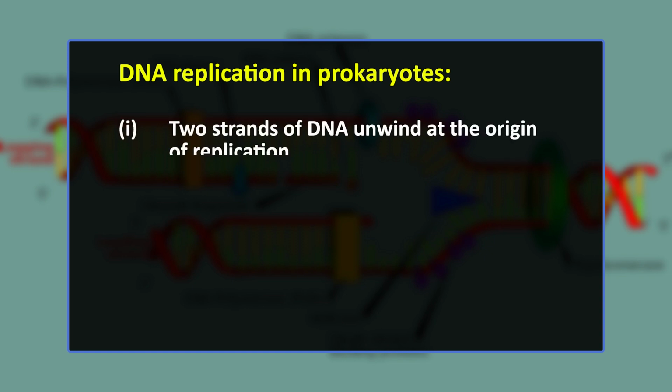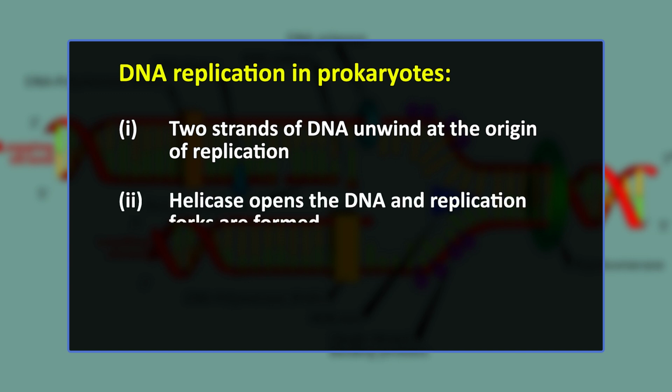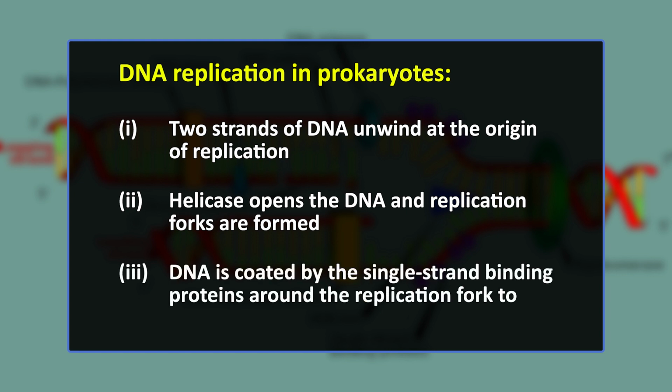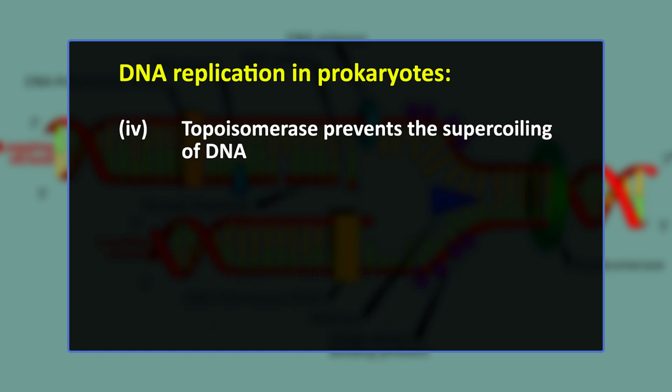The DNA replication in prokaryotes takes place in the manner that the two strands of DNA unwind at the origin of replication, helicase opens the DNA, and replication forks are formed. The DNA is coated by single strand binding proteins around the replication fork to prevent rewinding of the DNA. Topoisomerases then prevent the supercoiling of DNA.